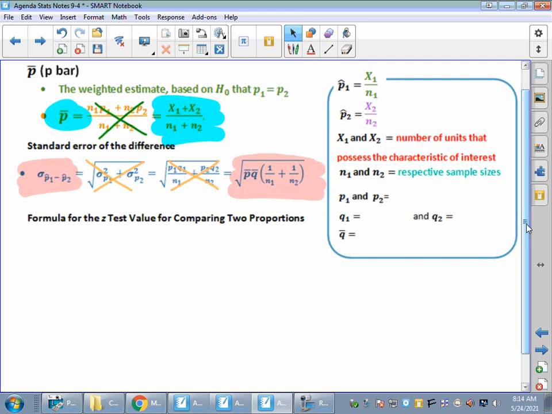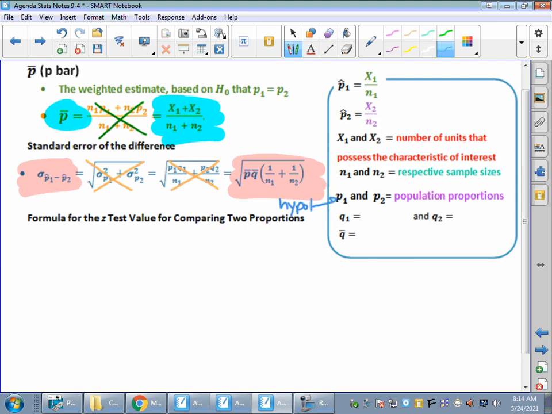P1 and P2 are our population proportions. That's what in our hypothesis we're saying, that those 2 things are equal. So Q sub 1, right? If P sub 1 is 28% of the population order soup, Q sub 1 then would be the complement of that, 1 minus P1.